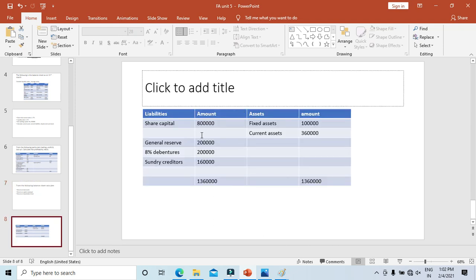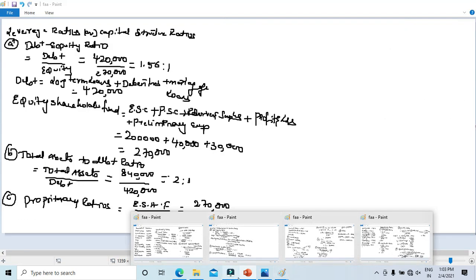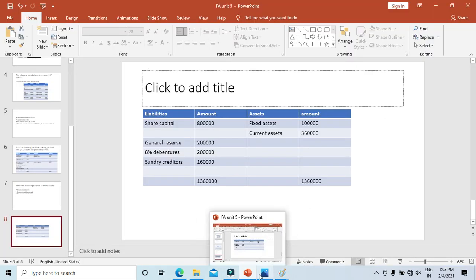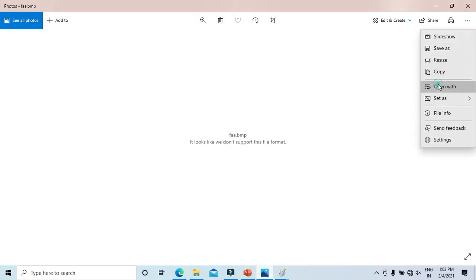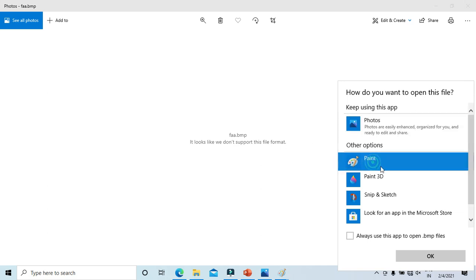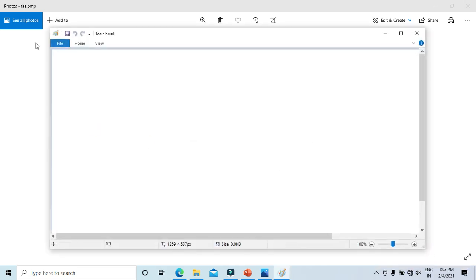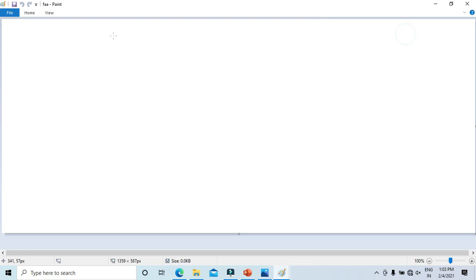Assume tax rate is equal to 50%. Dividends declared are 1,20,000. Okay, so now I am going to take that information also.